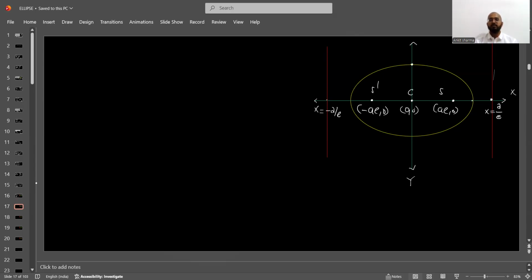We have all of them now. Of course, now for the rest of the things, we have to write down the terminologies like the directrix, chord, focal chord, and length of latus rectum. All these things we have to describe.